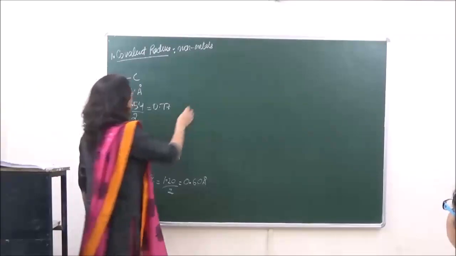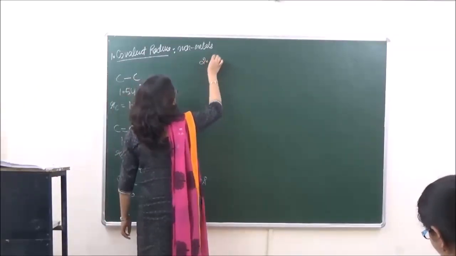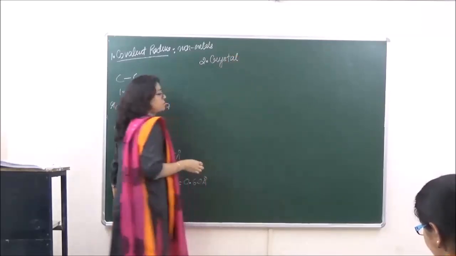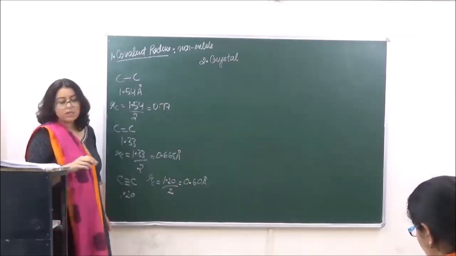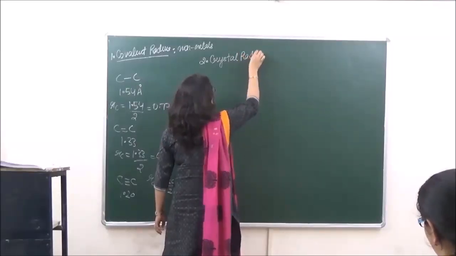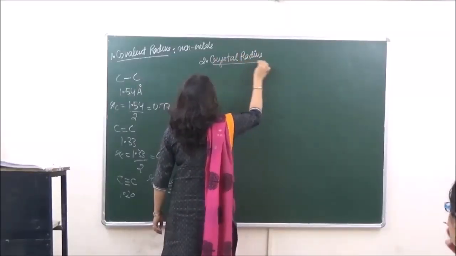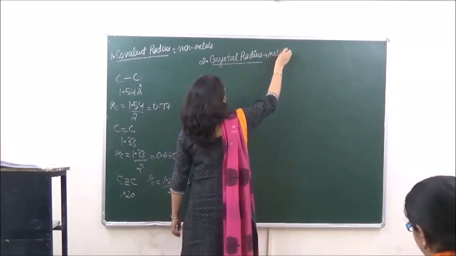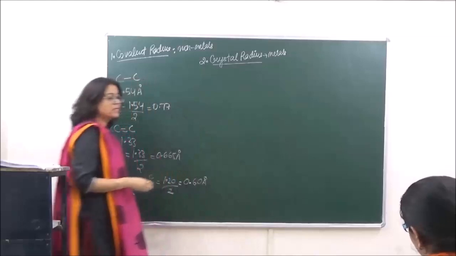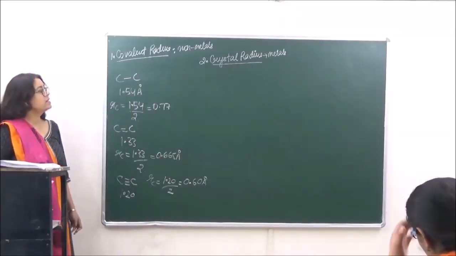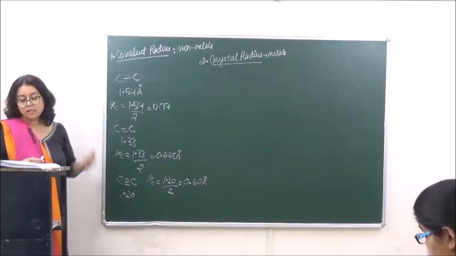Okay. The second type of radius which we are going to consider is the crystal radius. Now this crystal radius is going to be present in metals. Crystal radius is going to be present in metals.